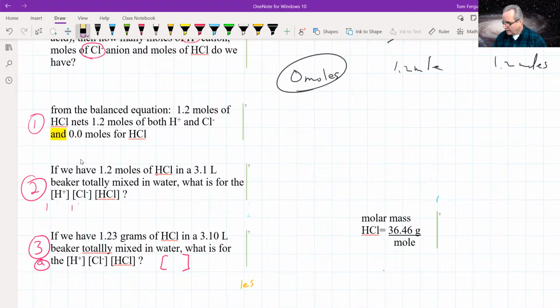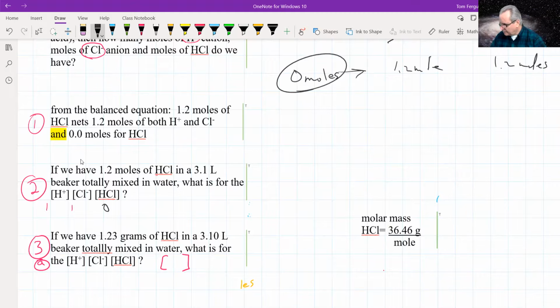Okay, so if we have 1.2 moles of HCl and 3.1 liters of water, what is the hydrogen ion concentration, the chloride ion concentration, and the HCl concentration? Well, right away, this is going to be 0, because it automatically all goes over. So what is the H plus and the Cl minus?